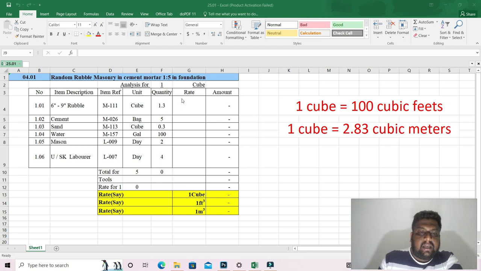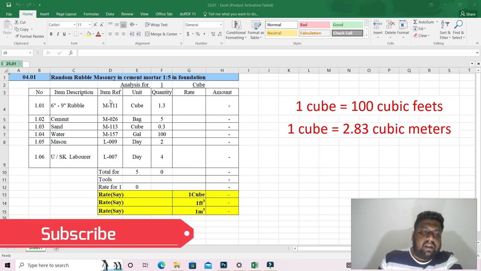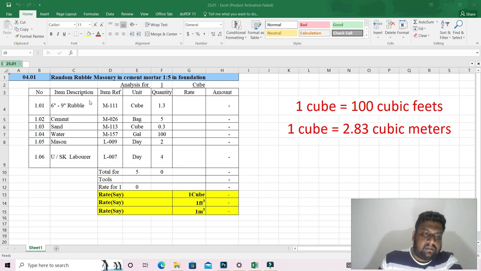Here, to make 1 cube, that is 100 cubic feet, you need 1.3 cube of rubble to complete 1 cube of rubble work. And what about the cement?